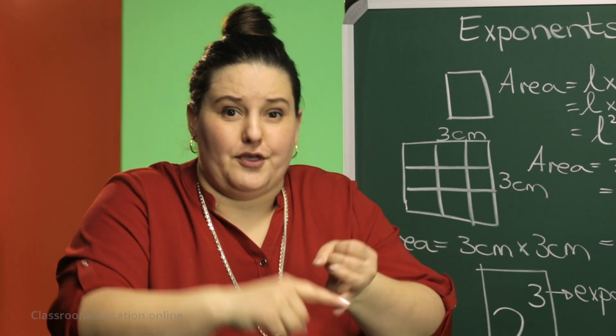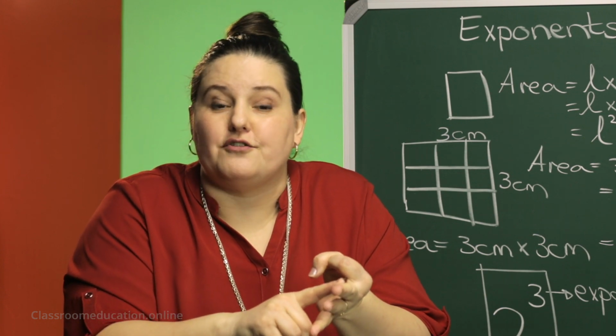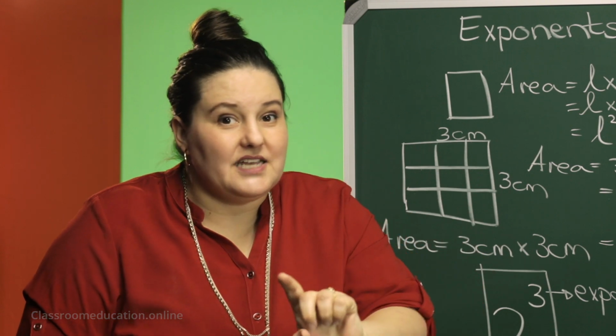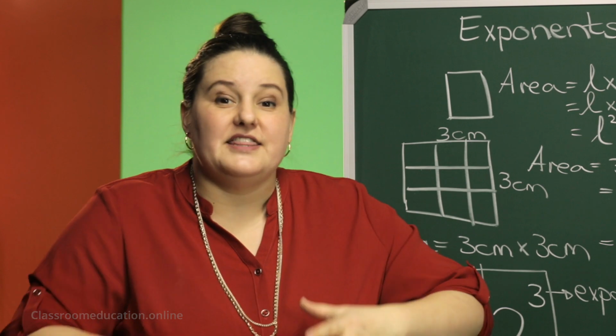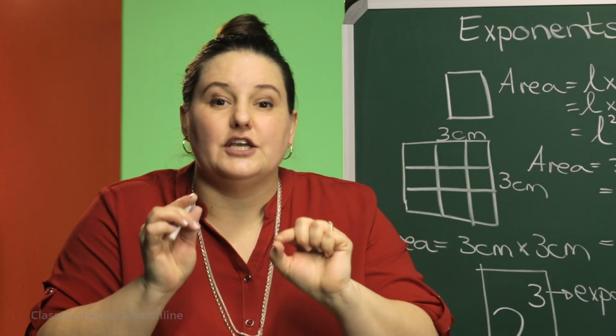I have length, width, and height. So I have a 3-dimensional thing. And actually, because the sides are the same length, I'm talking about a cube. And this big cube consists of 8 little cubes.